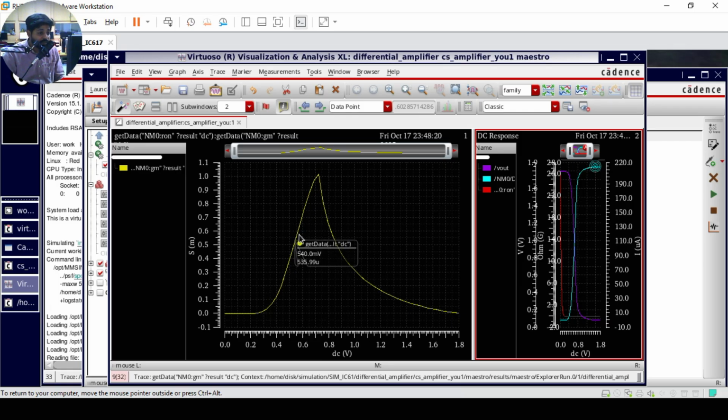After that there is a rising graph, where it is in saturation. When it enters into the linear region, the graph falls, as the input voltage increases and the output voltage decreases, GM also decreases. So this is how the GM graph looks with respect to the variations of the V input.